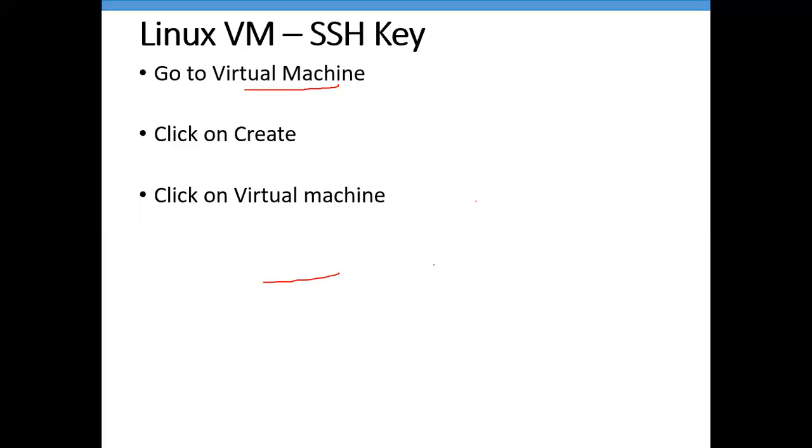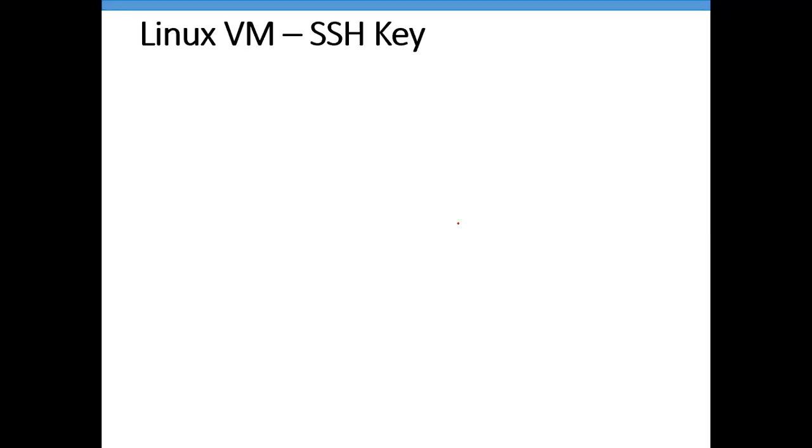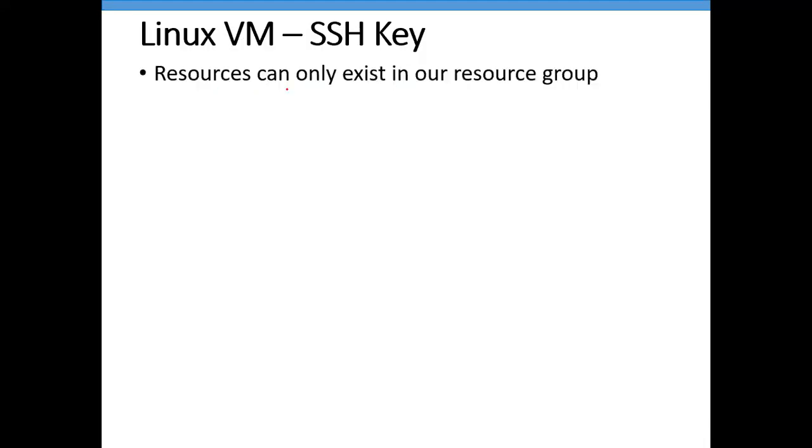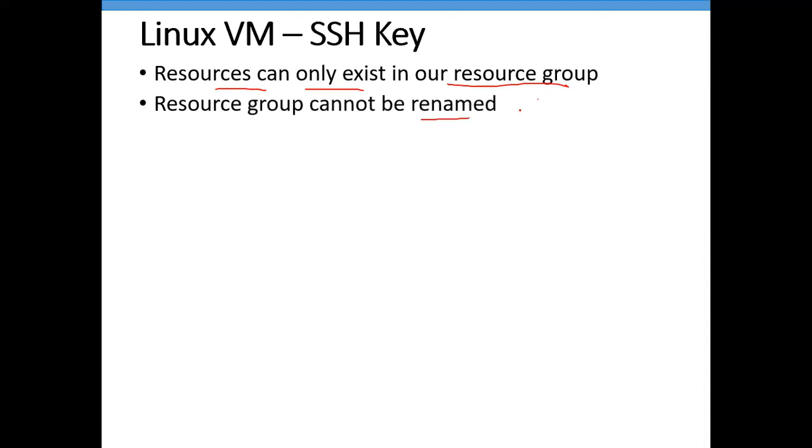So how can we create a resource group? We'll learn that. Before that, resources can only exist in a resource group. So whatever resources we are going to create, those resources need to be in a resource group. Once you create a resource group, it is impossible to change its name.